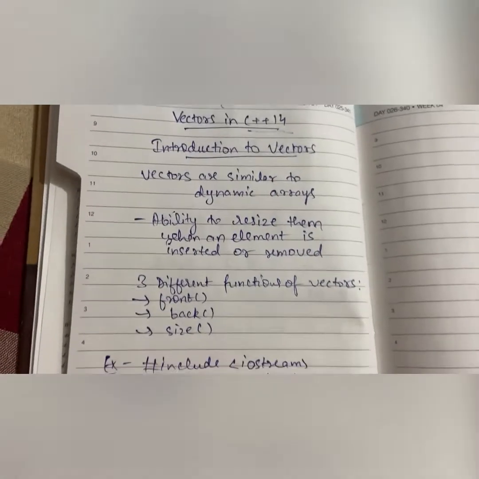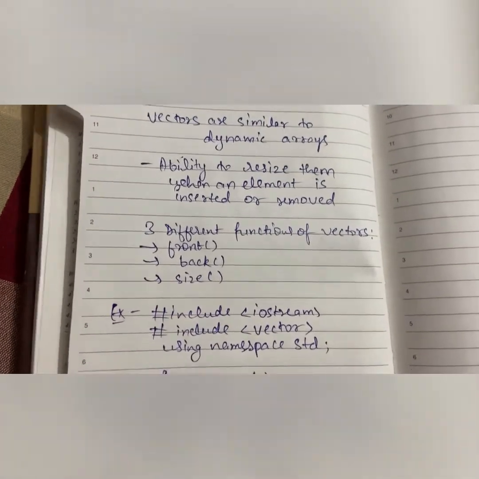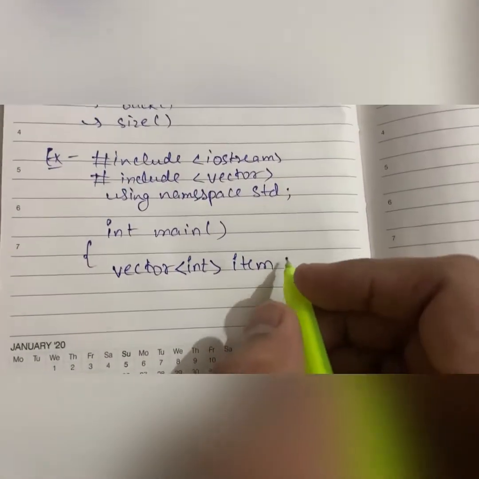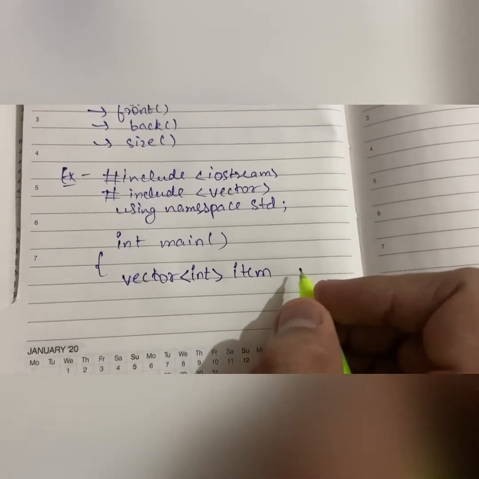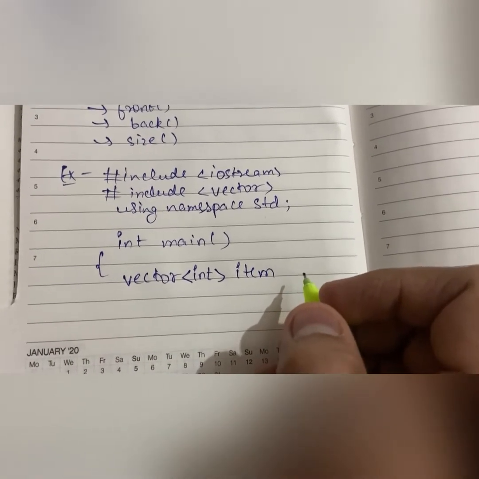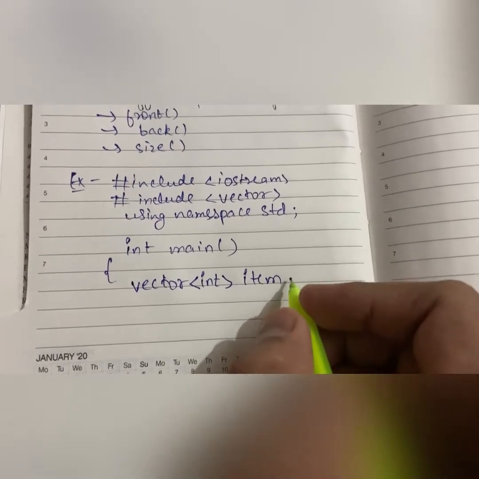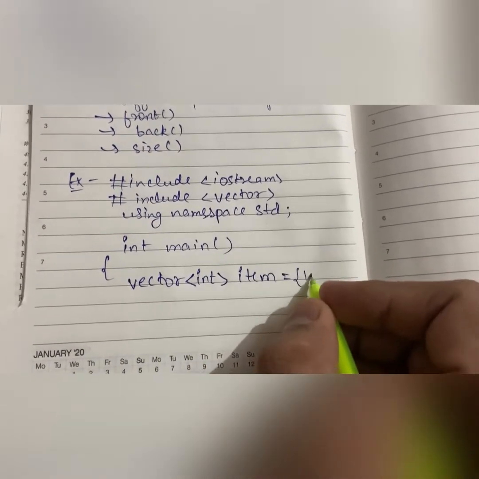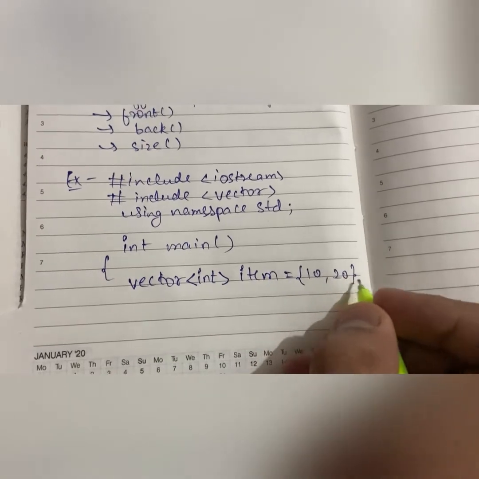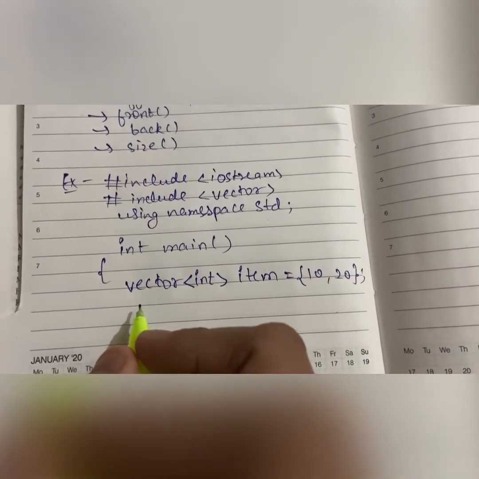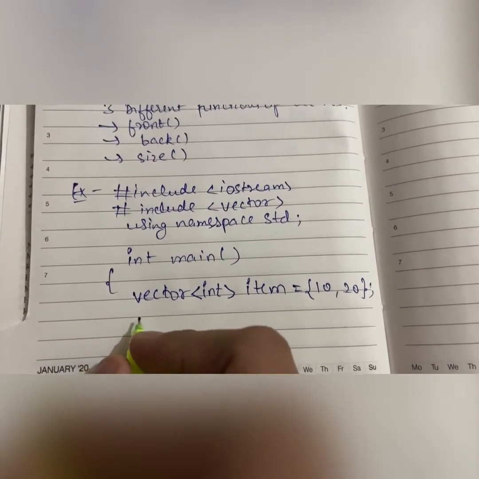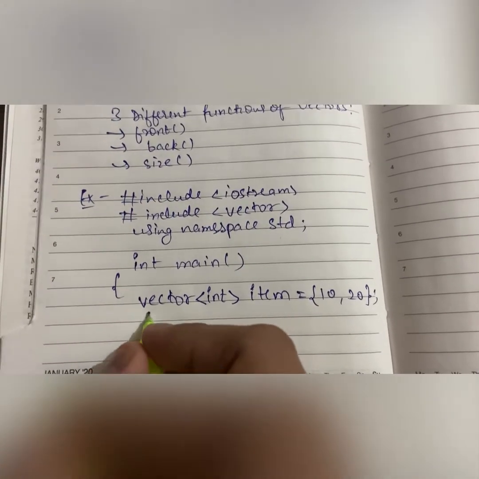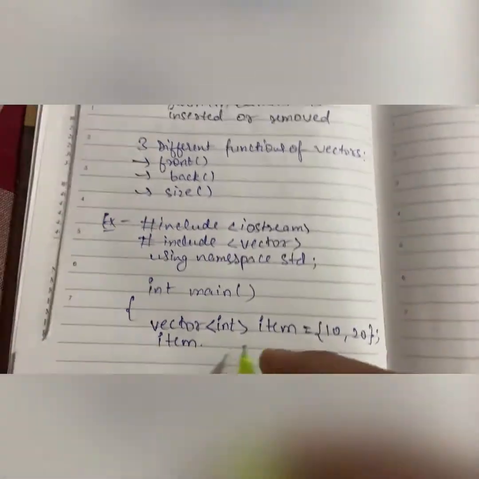Since it is similar to a dynamic array, we can also give it values here, and we can push values in a way similar to a stack. For example, I give it two values, 10 and 20.